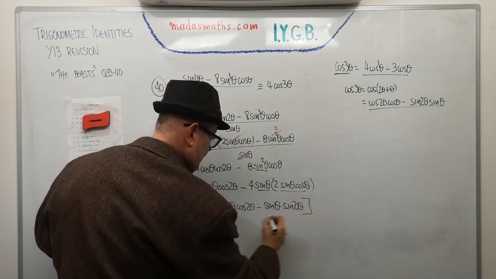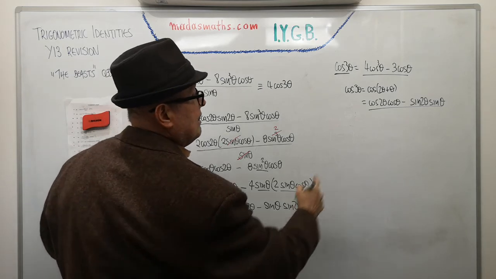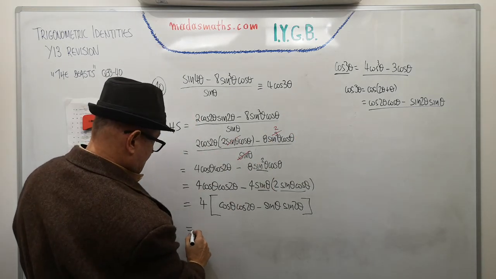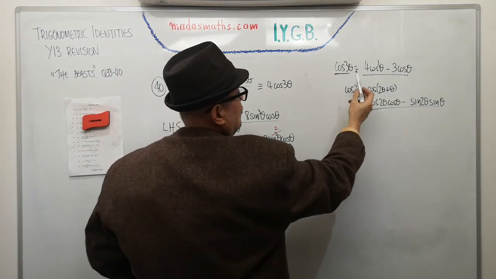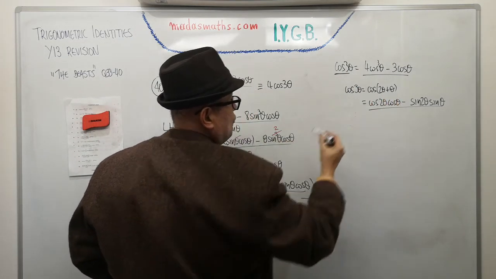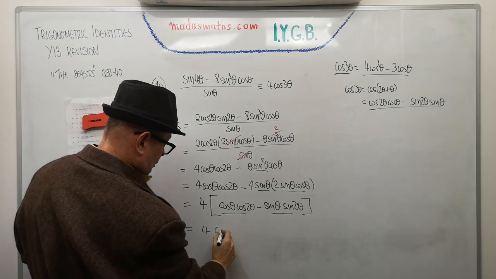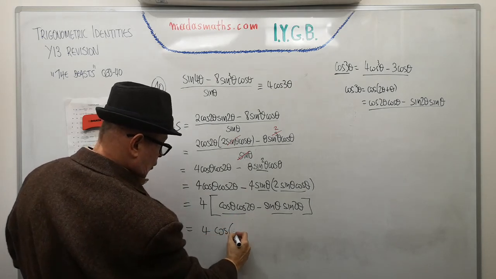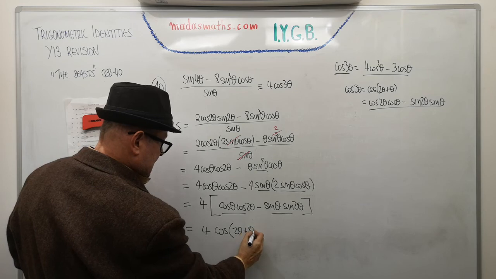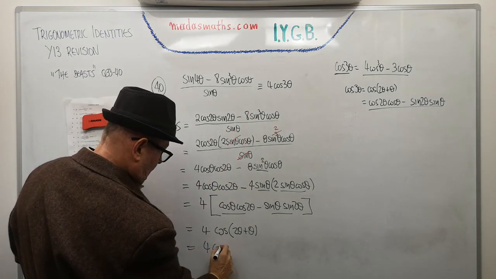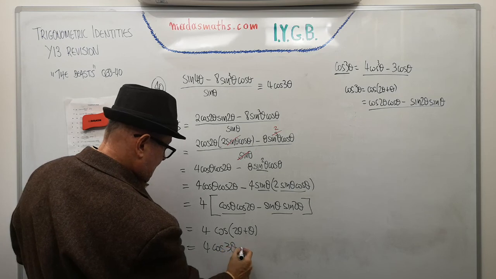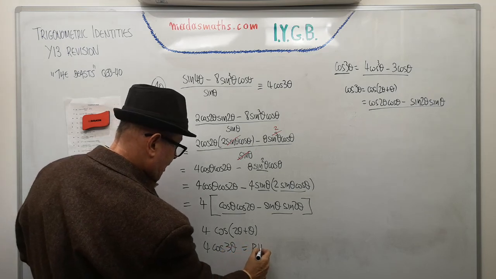Isn't that beautiful? Okay, this is what we want. And of course, this is the expansion of double angle of the cos of 2 theta plus theta. So we're going to write that is actually cos of 2 theta plus theta. We do have a 4, yes, the 4 is there. So it's 4 cos 3 theta, which of course is RHS.